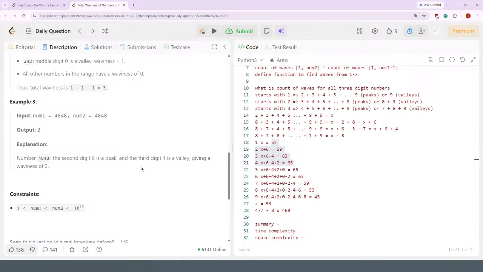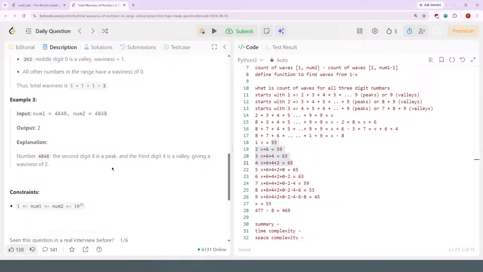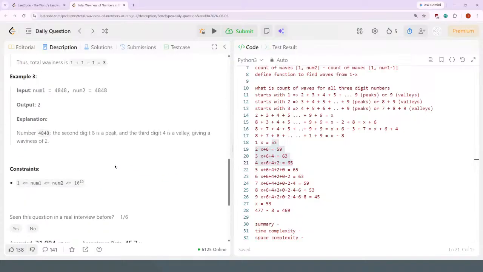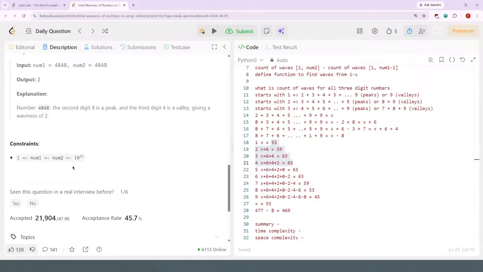Yeah, it feels like it might be dynamic programming. Although I'm kind of surprised the answer doesn't need to be in some sort of modulo, so it's kind of finite.